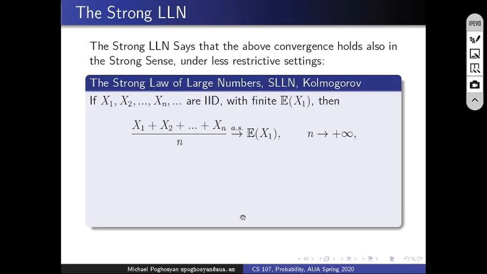Now the strong version of that law of large numbers. The strong version says that the above convergence holds also in the strong sense, under a less restrictive setting. So if we have an IID random variable sequence with finite expected value, only the expected value is finite, then the sequence of averages is tending to the same expectation, EX1, almost surely, in the almost sure sense.